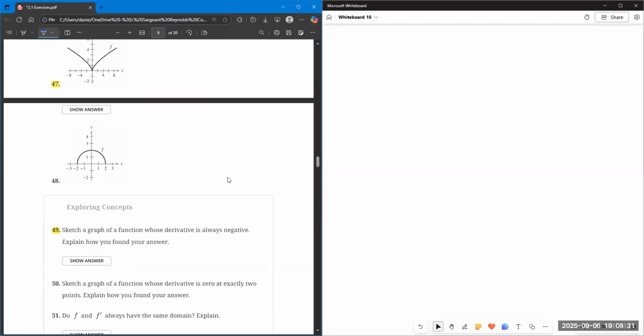For 47, at -2, we're going to have a vertical asymptote. At +2, we're going to have a vertical asymptote because we're tending towards vertical tangents here and here.